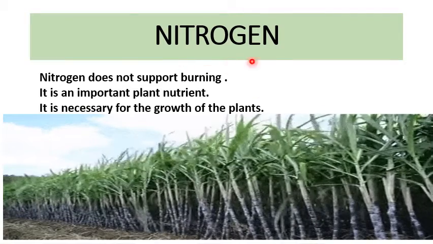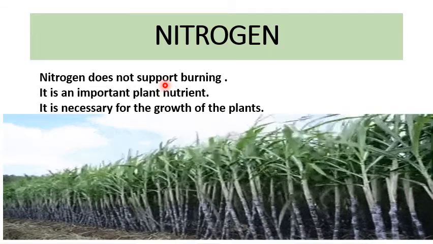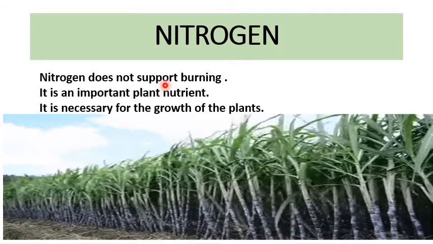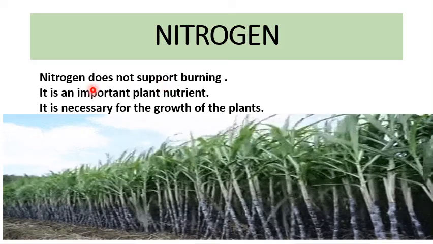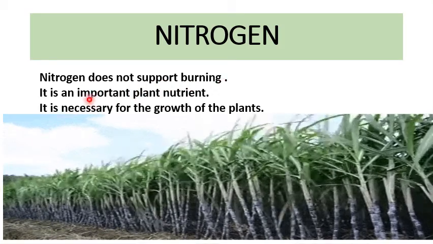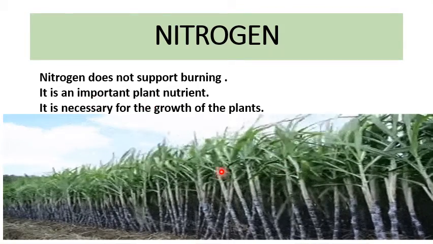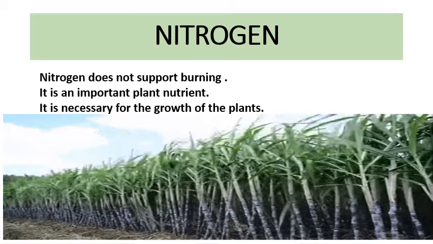Nitrogen is a very important and very abundant gas in the atmosphere. Nitrogen gas does not support burning, but it is a very important nutrient for the plant. It is necessary for the growth of the plant.